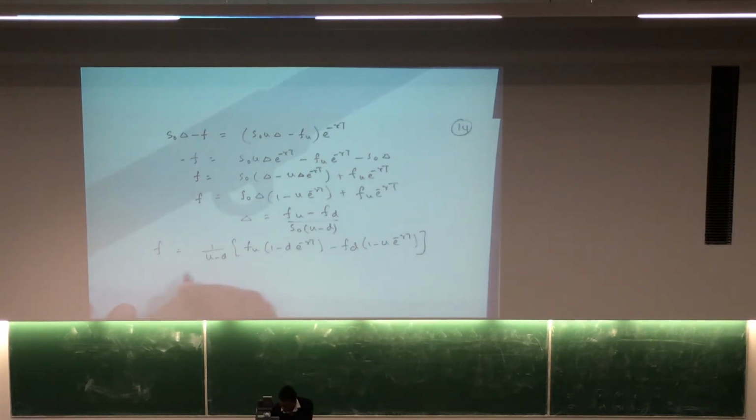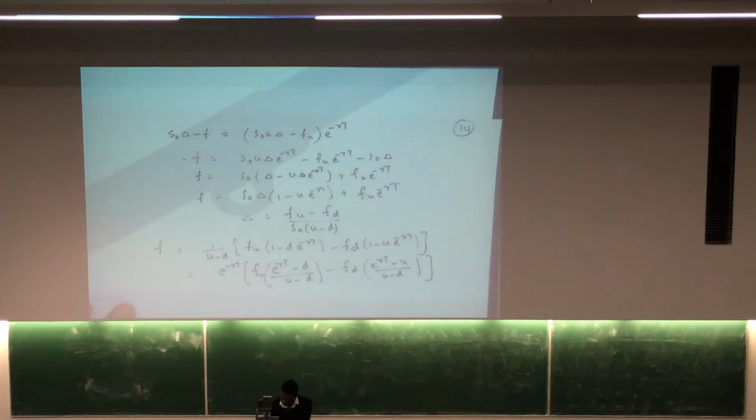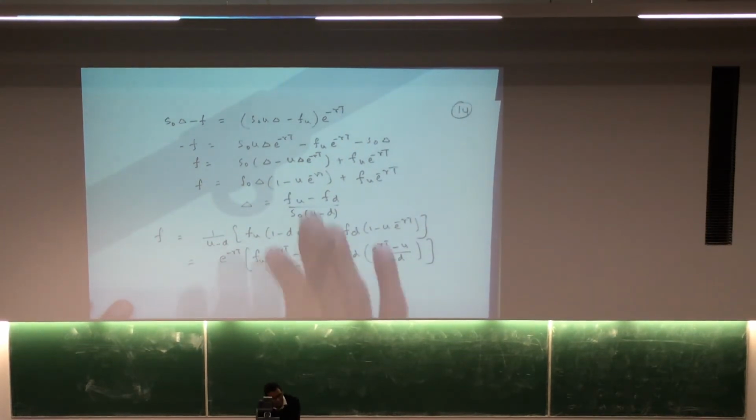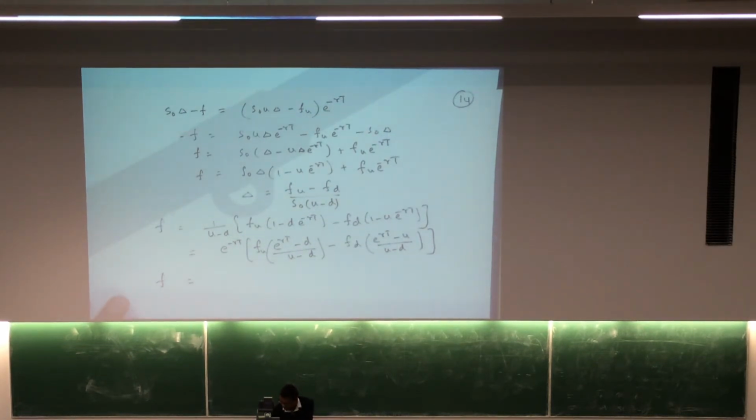So you can do some manipulations here. If I extract e power minus RT, then I can write this as e power minus RT times, e power RT minus D divided by U minus D times Fu, minus Fd times e power RT minus U divided by U minus D. But don't worry about the intermediate steps, we are not going to worry too much about them. Then the final answer would be something like this.